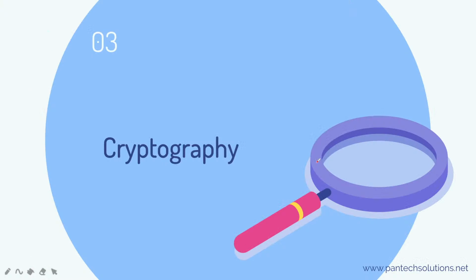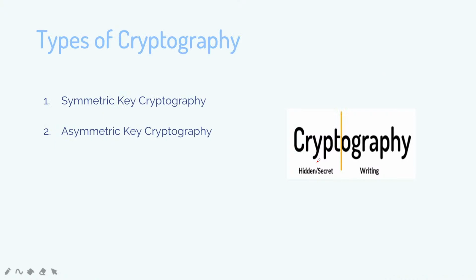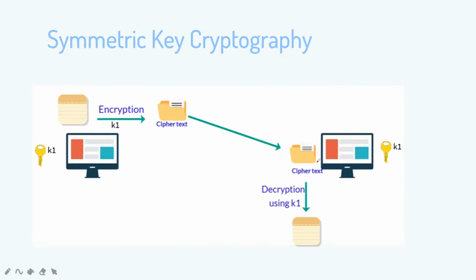Whenever we are doing encryption and decryption, we have two types: one is symmetric key cryptography, another is asymmetric key cryptography. Let me see what symmetric key cryptography is first. For example, I have a key K1.